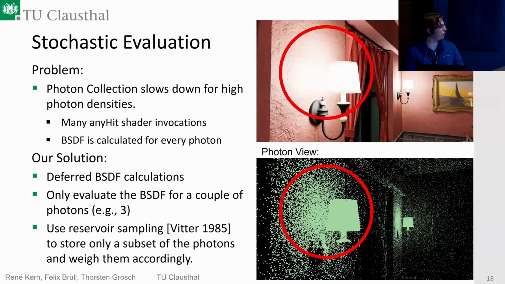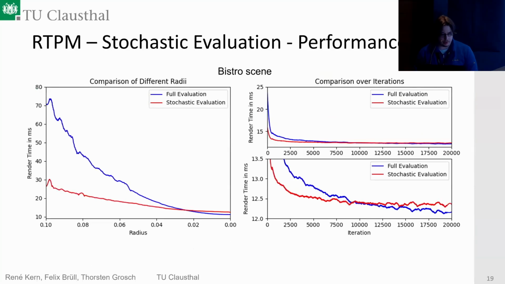Visually, this was around the same. And performance-wise, especially on larger radii, so here is shown the linear radius starting from 0.10 in the bistro scene, on bigger radii it was around 2 times faster, and it gets less effective as the radius gets smaller, because the smaller the radius gets, the lower the photon density gets, as less and less photons overlap.